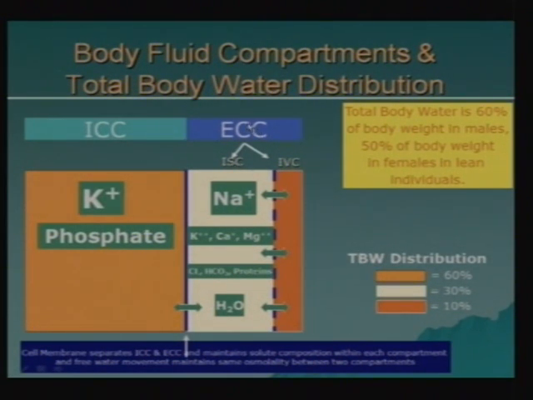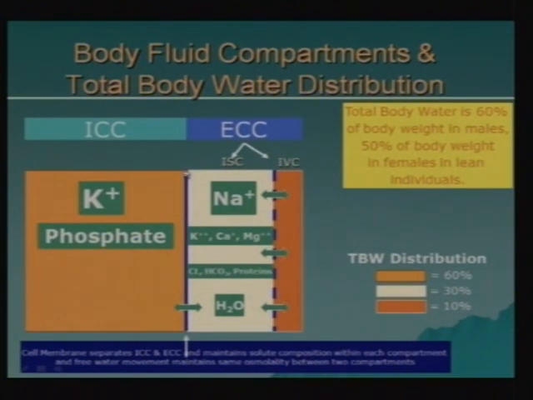extracellular compartment. In fact, the extracellular compartment, as all of you know, is divided further into the interstitial compartment and the intravascular compartment. As all of you know, the very basic thing is that they are separated by nothing but endothelial lining, and this endothelial lining is quite permeable to sodium, potassium, magnesium, water.